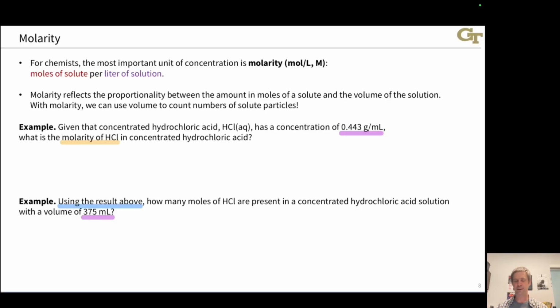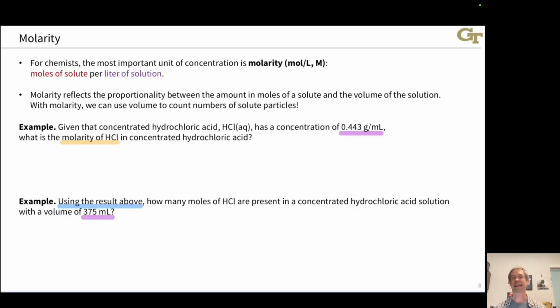We represent it with moles per liter, or just a capital M. And as I mentioned back when we first introduced moles, it's very common and very useful conceptually to include a chemical formula after moles per liter, or this capital M, to clarify exactly what we're talking about with moles. Moles of what, right?